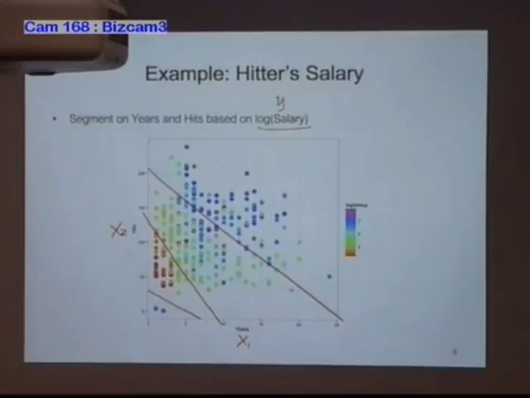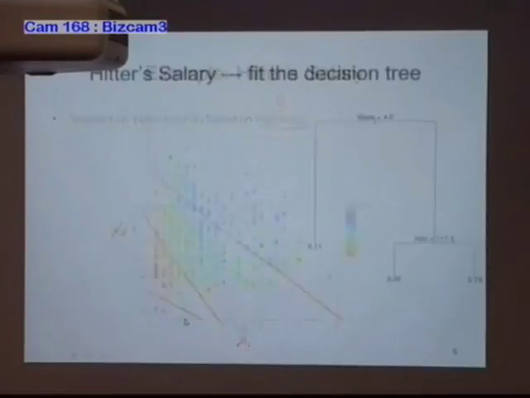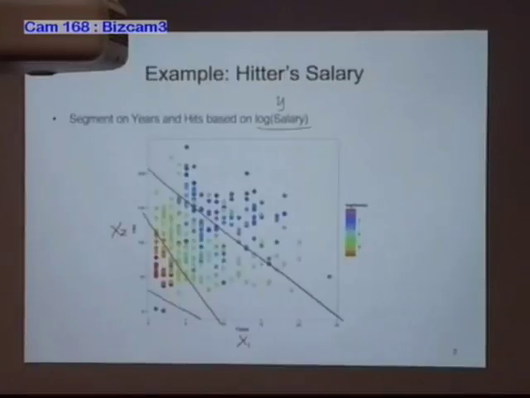Anyway, you can treat them as outliers if you believe there's some monotonic relationship, the more experience and the more hits, the higher the salary. You can treat these two guys as outliers. But anyway, they are different, so if you have to cut them, they should be separated.